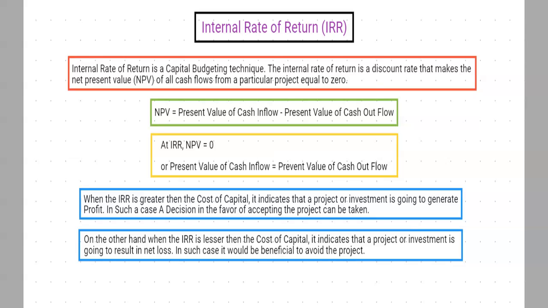The internal rate of return is a discount rate that makes the net present value of all cash flows from a particular project equal to zero. The NPV is equal to the present value of cash inflows minus the present value of cash outflows. For calculating the NPV, we use the cost of capital applicable to an organization.